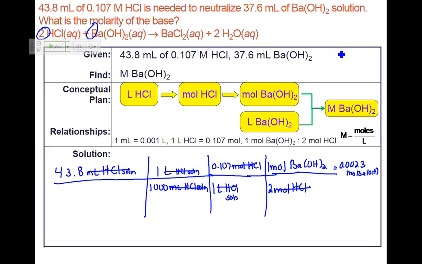But this wants our concentration. Remember, our concentration is just our moles over liter. We have milliliters of barium hydroxide, so we have to convert that to liters of barium hydroxide, because this is our molar relationship. We have our moles of barium hydroxide, we just figured that out. Now we need to figure out our volume in liters. If your volume's already in liters, you don't have to do anything else.